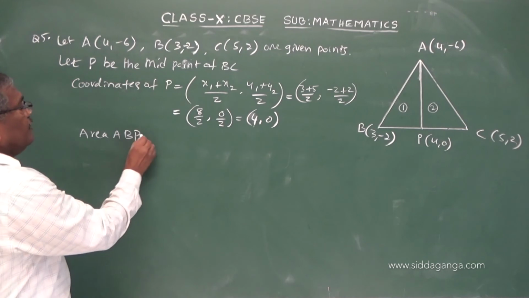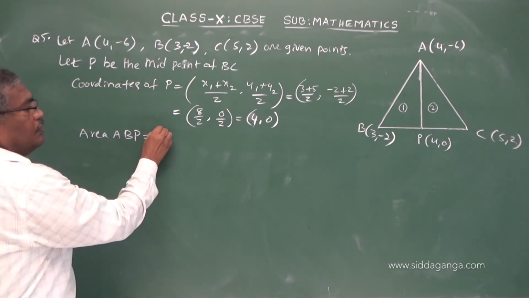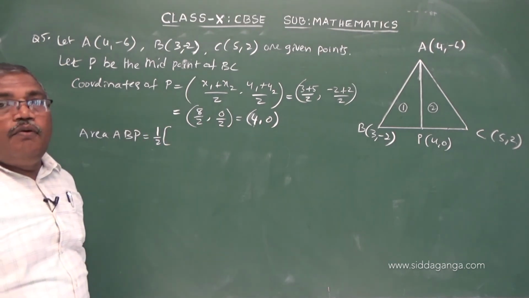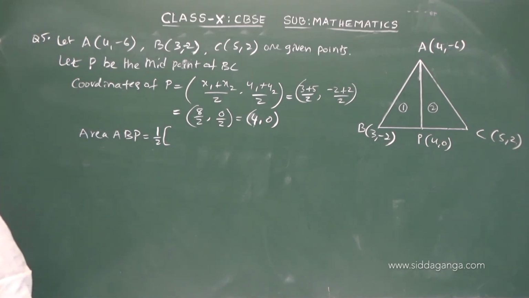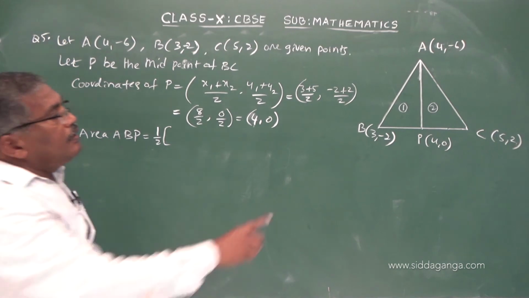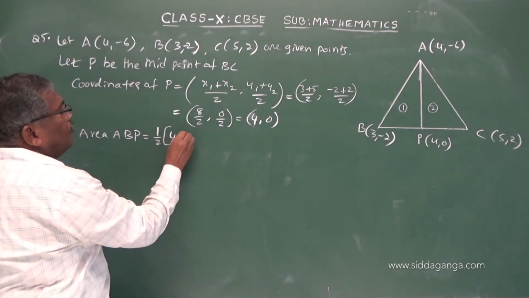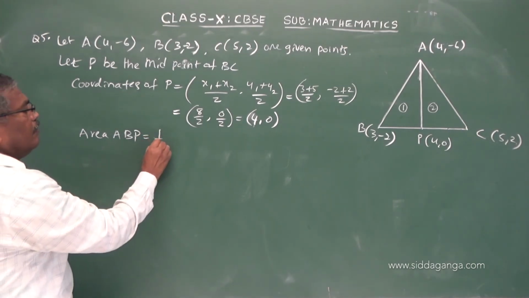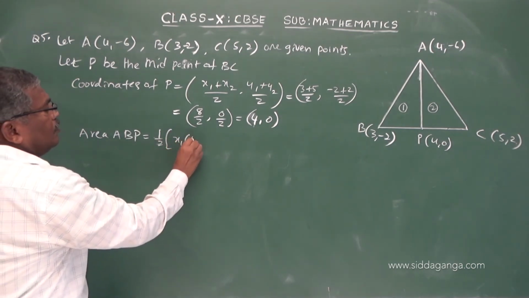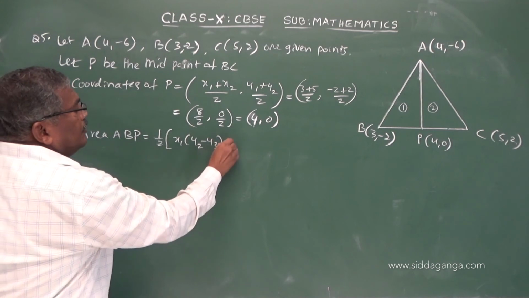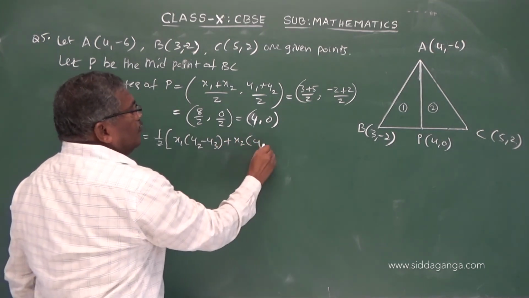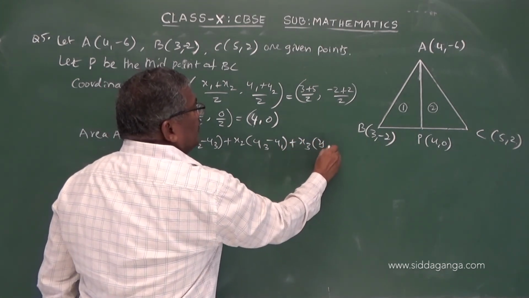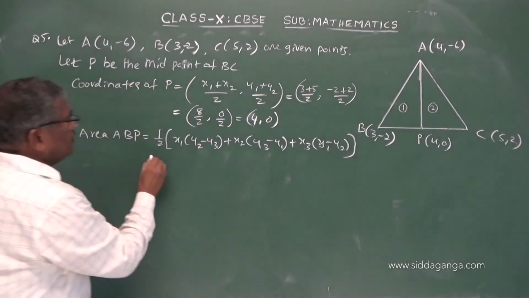You know the formula: area equals half of x1 into (y2 minus y3) plus x2 into (y3 minus y1) plus x3 into (y1 minus y2).